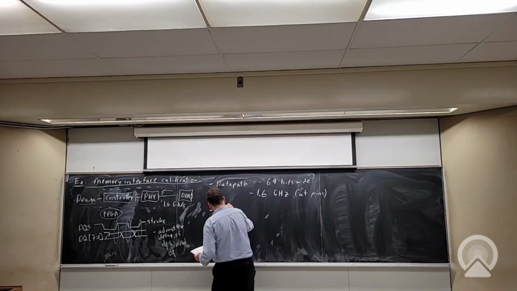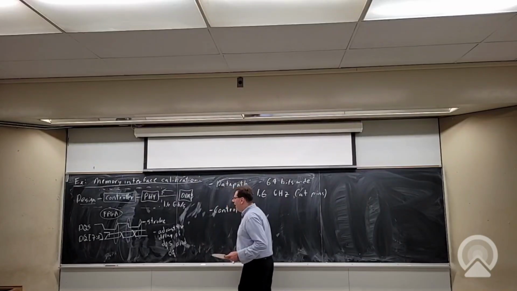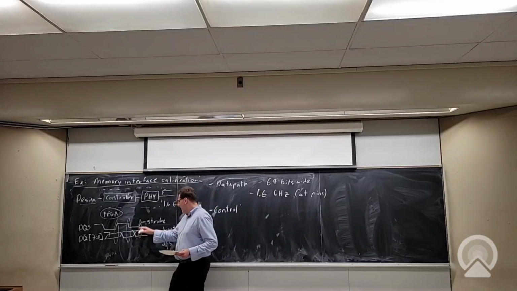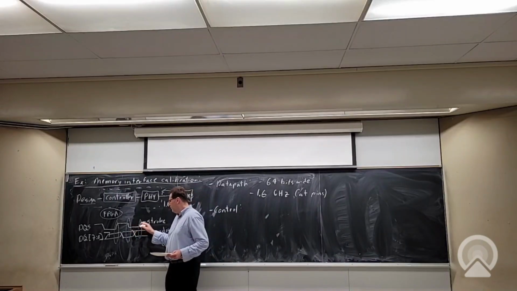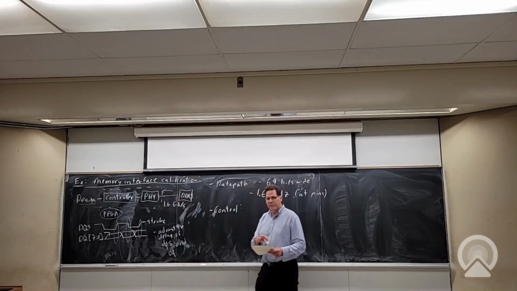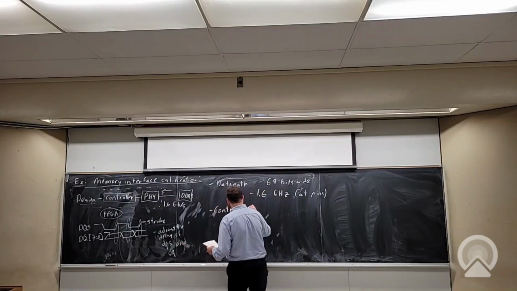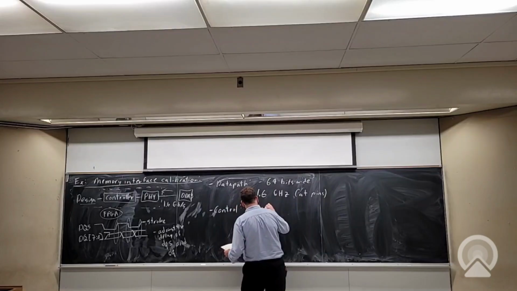What's the control logic? The control that actually figures out how I should shift all these DQSs and all these DQs for reads and for writes is actually quite complicated. So the control is this complex calibration algorithm.